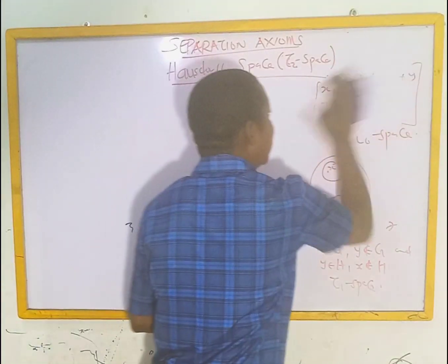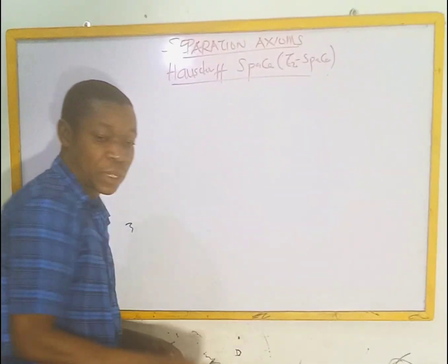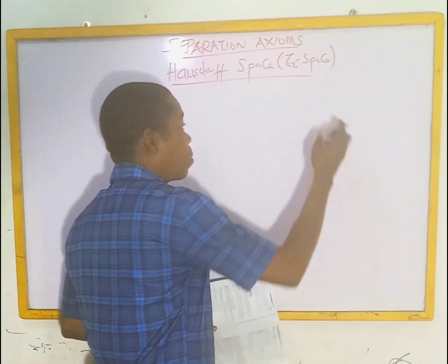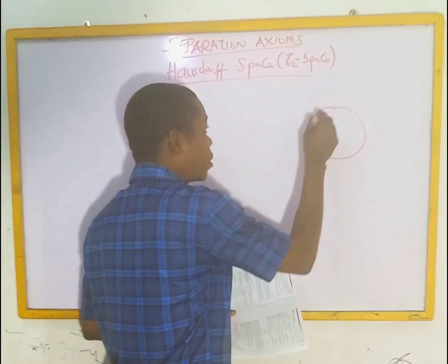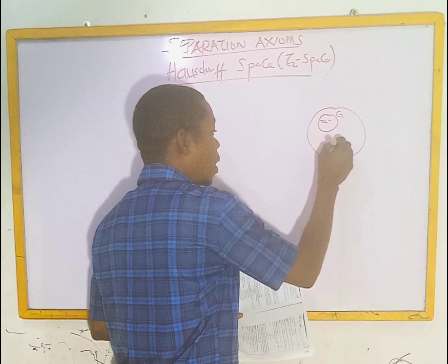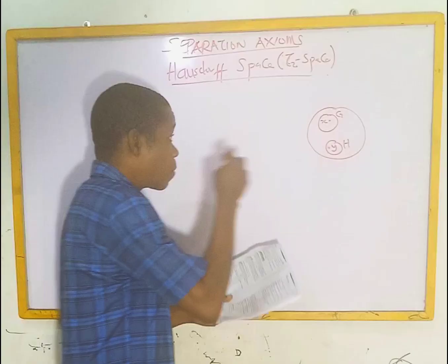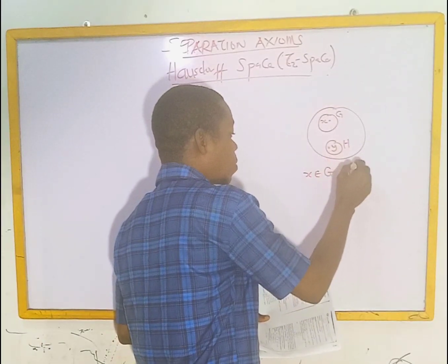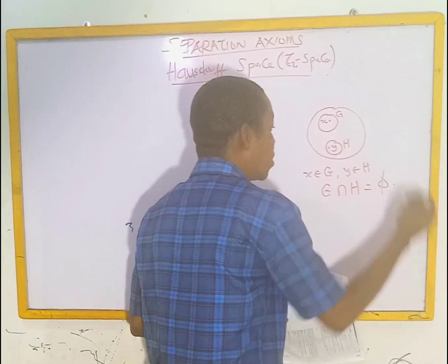Now let's look at the definition of this Hausdorff space. How does it look? Hausdorff says that if you have a topological space and two distinct points, x in an open set G and y in an open set H, such that whenever you have this, then G intersection H is an empty set.